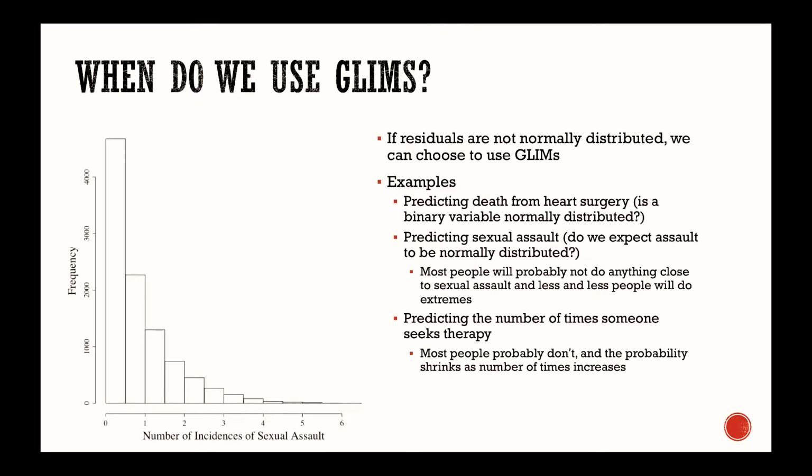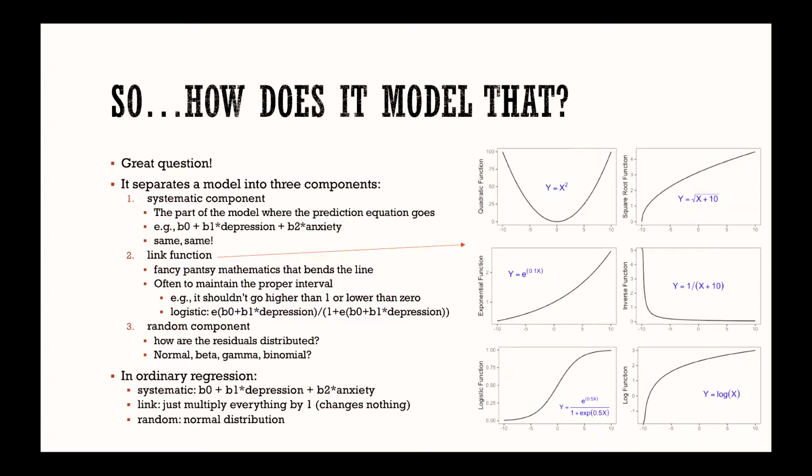Because most people will probably not do anything close to sexual assault, and then less and less people will do extreme instances of sexual assault, as you see on the graph on the left there. Or another example might be predicting the number of times someone seeks therapy. Most people don't seek therapy, and the probability shrinks as the number of times increases. So these are situations where we would use GLMs.